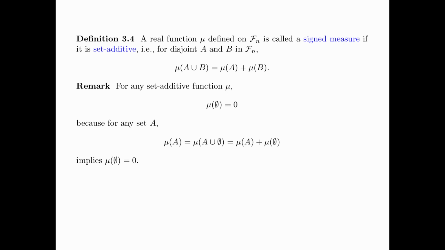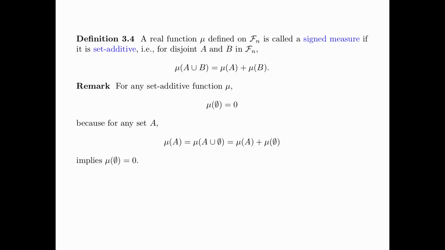For any set additive function mu, it can be shown that mu of the empty set is equal to 0, because for any set A, we have mu A is equal to mu of A union the empty set, which by set additivity is equal to mu A plus mu of the empty set.